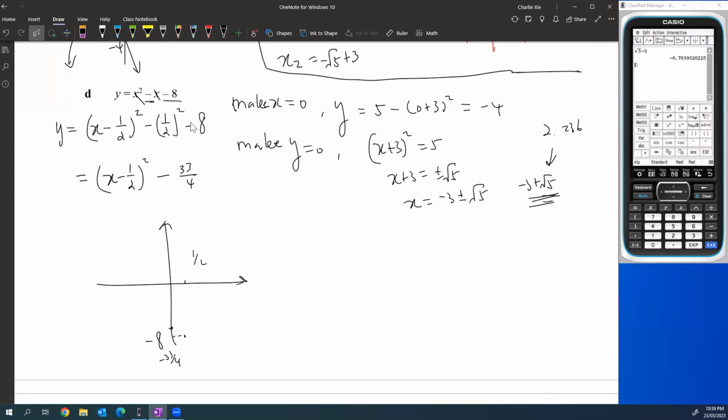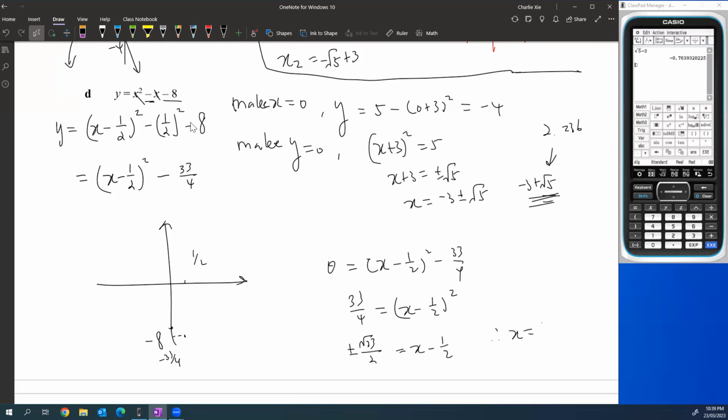All right, let's find the x-intercepts. Letting y equals 0, we have x minus 1/2 bracket squared minus 33/4. So rearrange: 33/4 equals x minus 1/2 bracket squared. Unsquare both sides: plus or minus square root of 33 over 2 equals x minus 1/2.